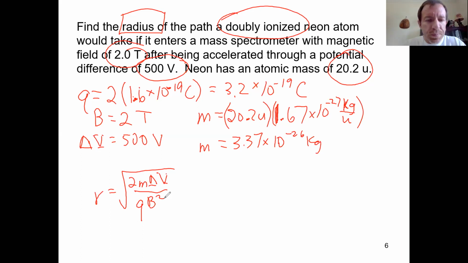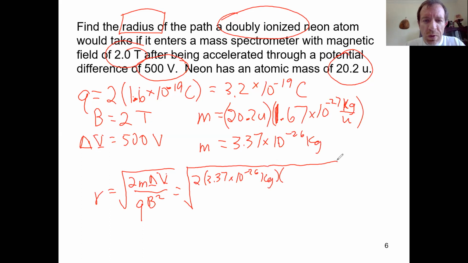And we can fill in our numbers. Twice 3.37 times 10 to the negative 26th times our delta V of 500 volts over the Q of 3.2 times 10 to the negative 19 coulombs times 2 Tesla, and we're squaring that.